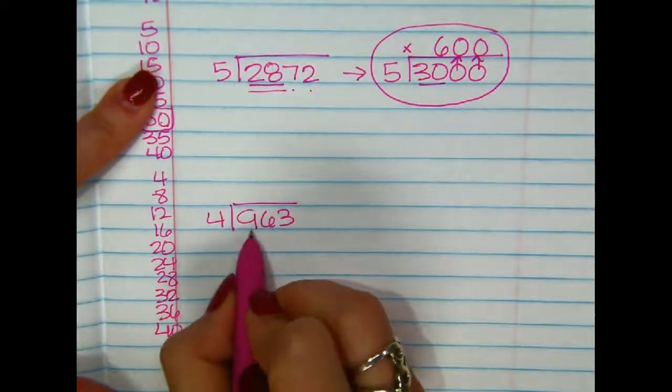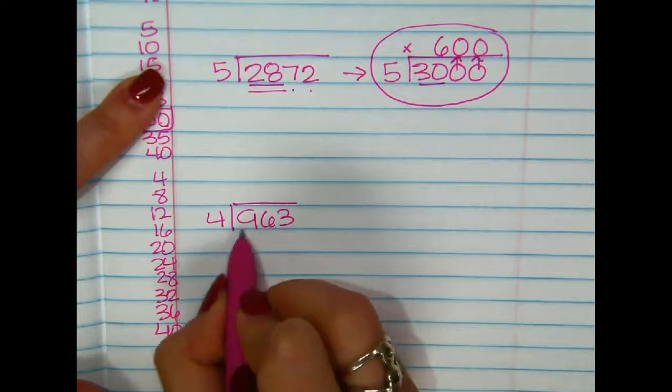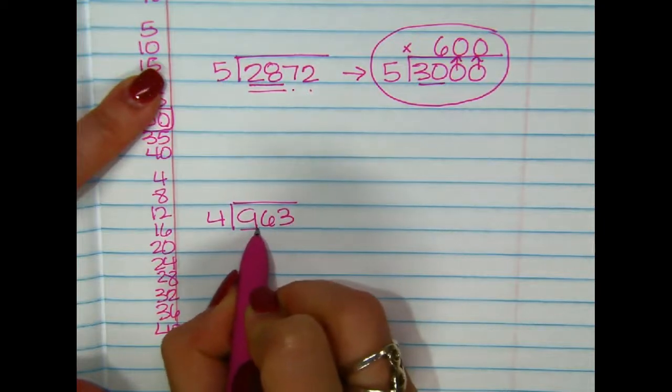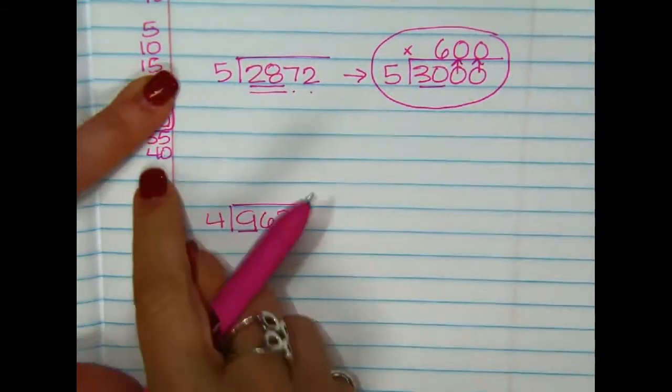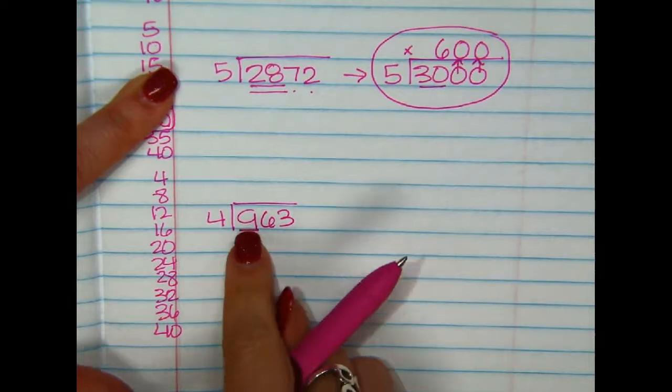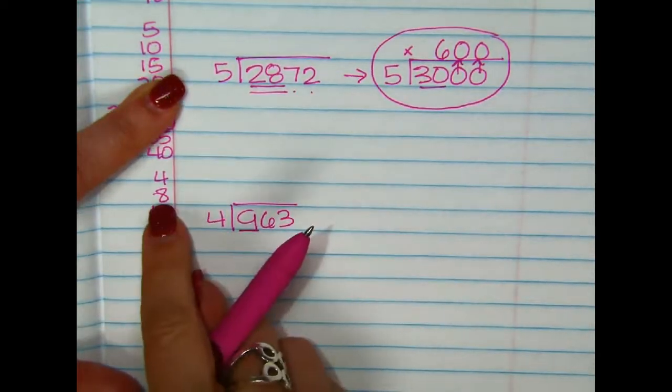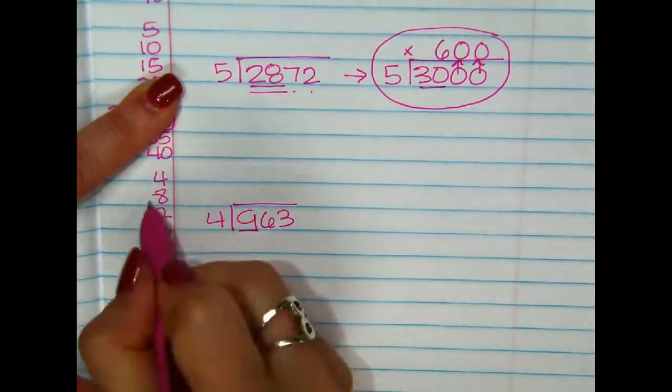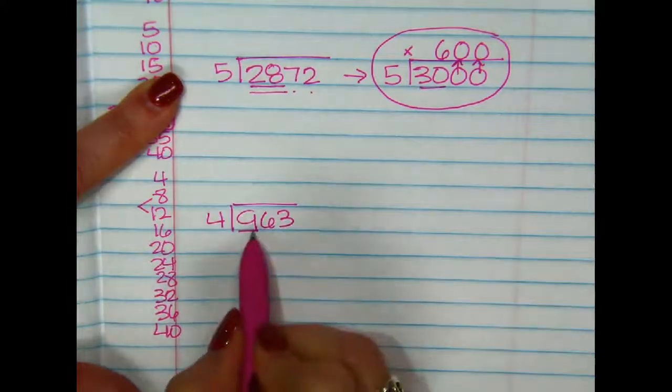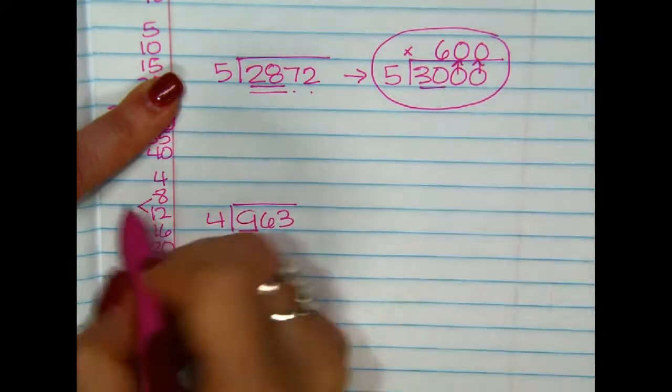Okay, so this time, usually we're looking at the first two numbers, but let's look at the first number. What is a multiple that's awfully close to 9 when we're working with 4s? It's 8, isn't it? 8 is one counting number away from 9.